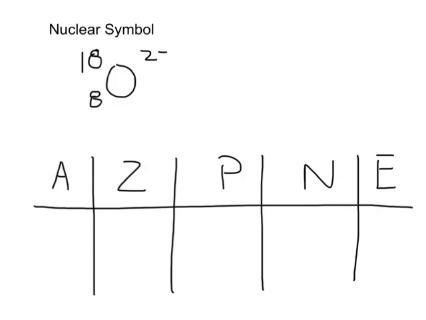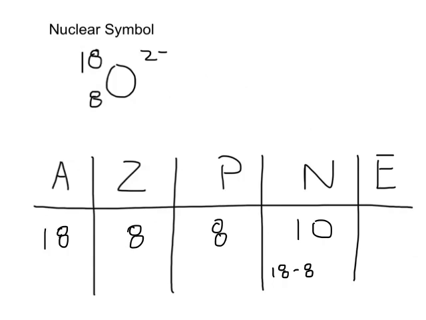Okay, now we've got a different symbol here. I'm going to go ahead, like I said, and start lifting things off. My mass number is 18. My atomic number is 8, which means my protons are 8. I do 18 minus 8 to get my neutrons, which is 10.